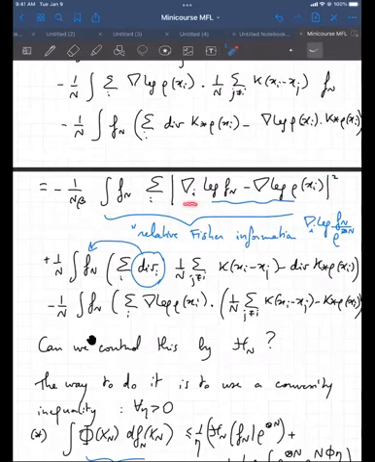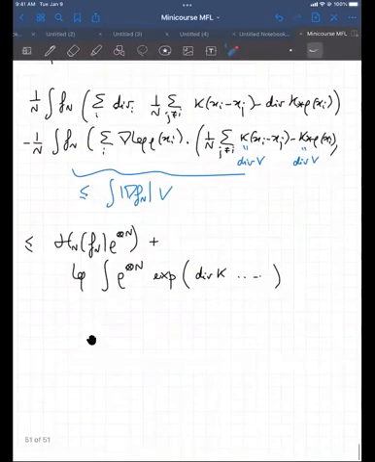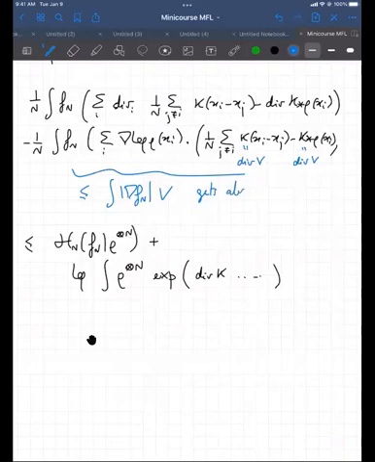Because if I write grad log Fn as grad Fn squared divided by Fn squared, I have some control of grad Fn squared. So this part eventually gets absorbed into the entropy dissipation.